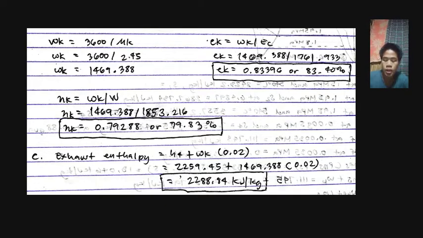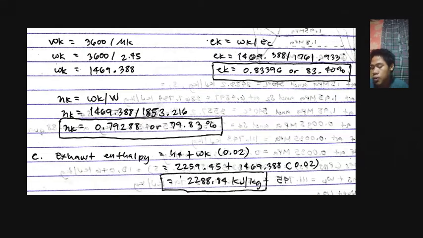And then by calculating it, NK equals 0.79288 or 79.83%. And last but not the least, the exhaust enthalpy equals H4 plus WK times 0.02.